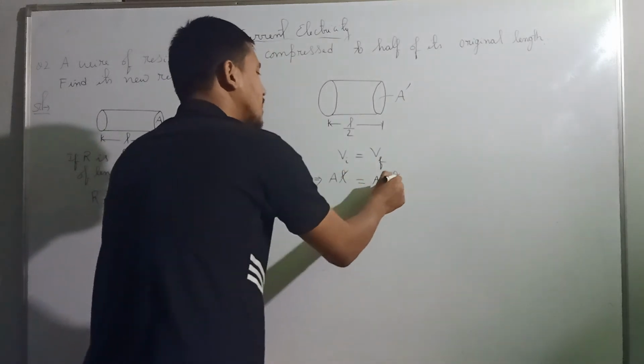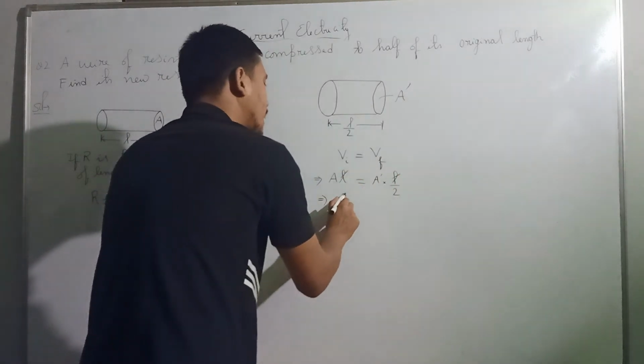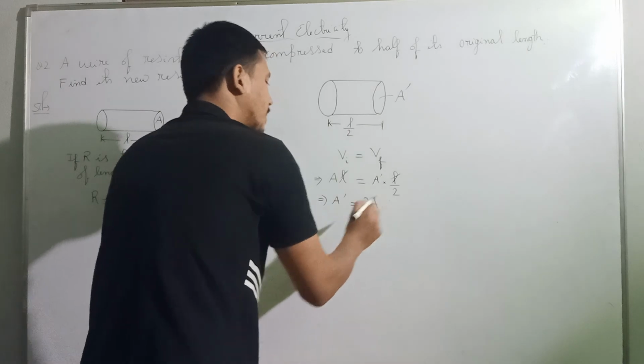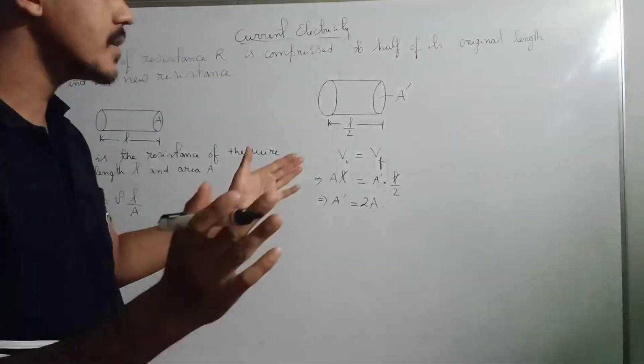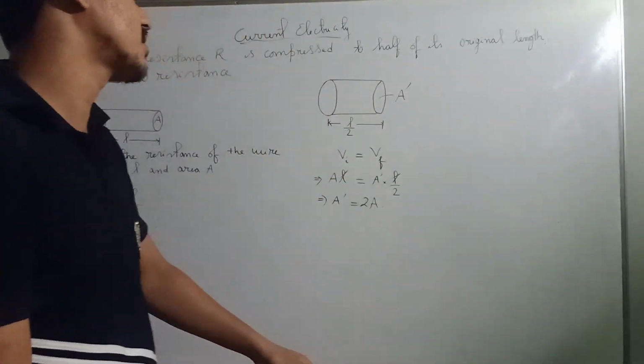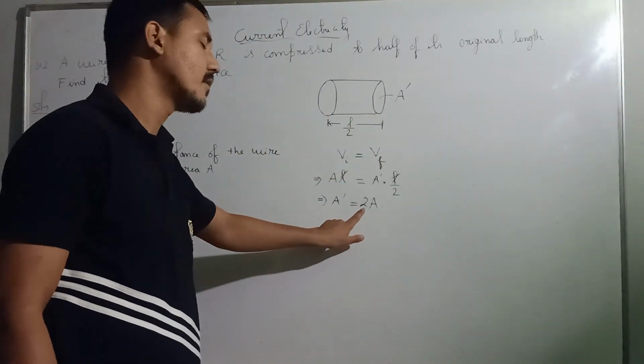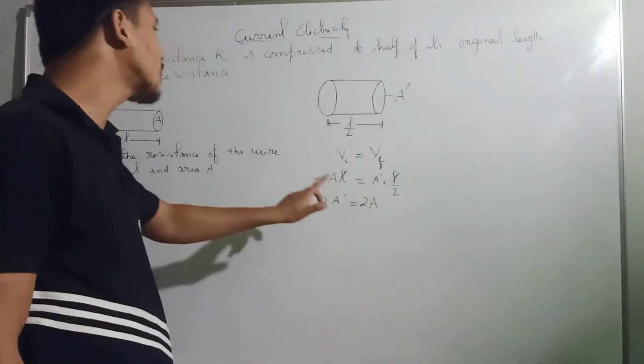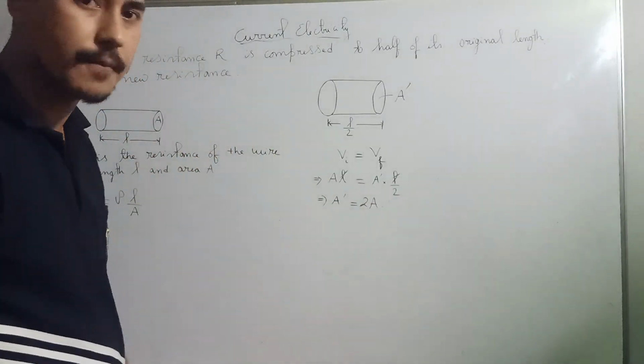So L cancels out, so your A dash becomes twice of A. So if you are compressing the wire to half of its length, then its area of cross-section increases by 2 times of its original area.